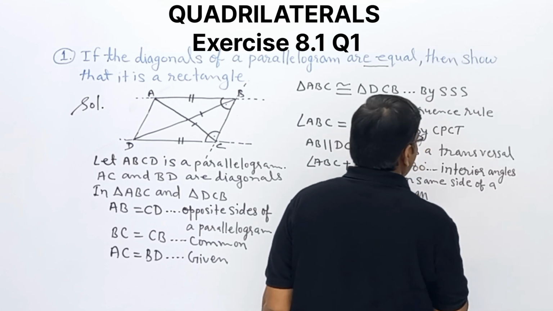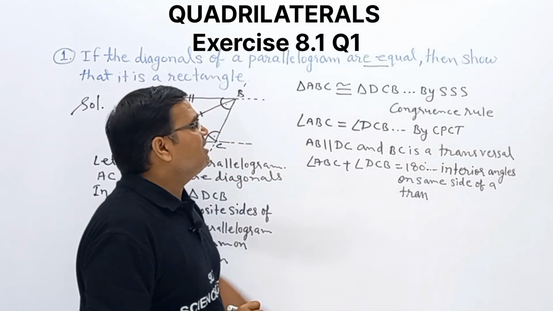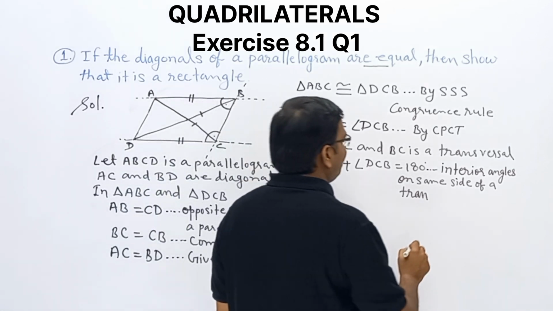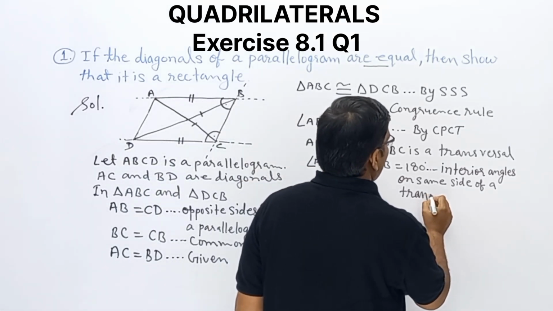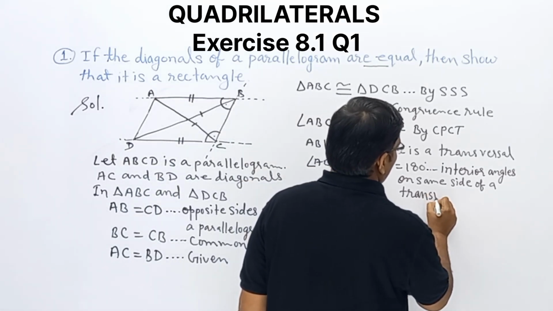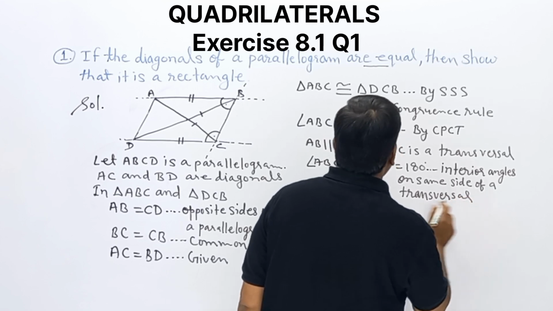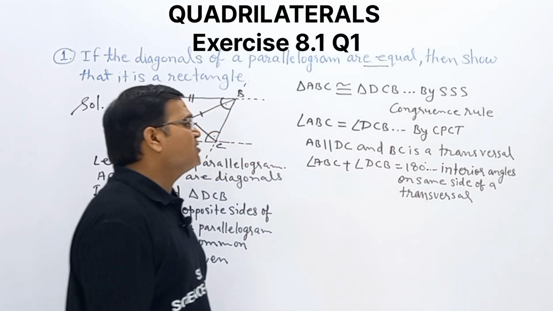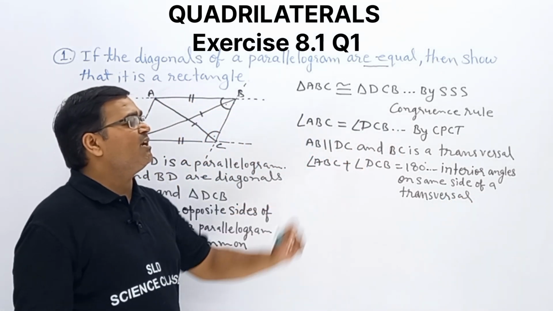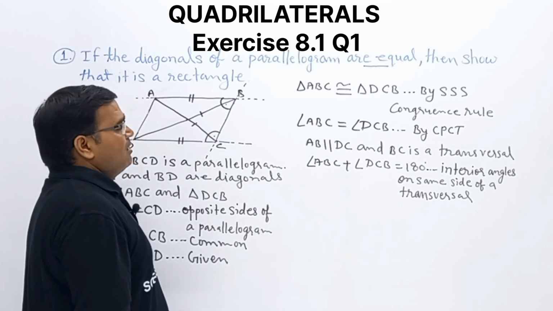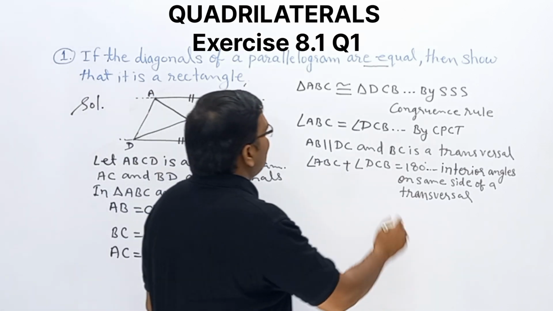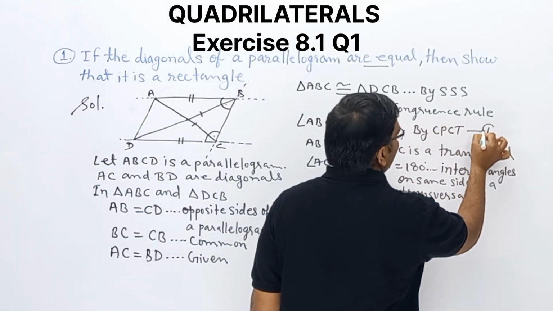They are what? Interior angles. Both are interior angles on the same side of a transversal. And sum of the interior angles on the same side of a transversal is what? 180 degree. Clear? Now I am taking this one as equation number 1.